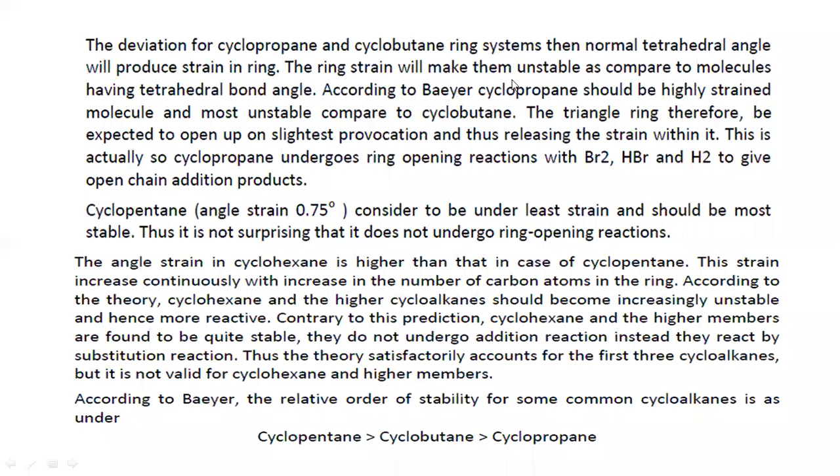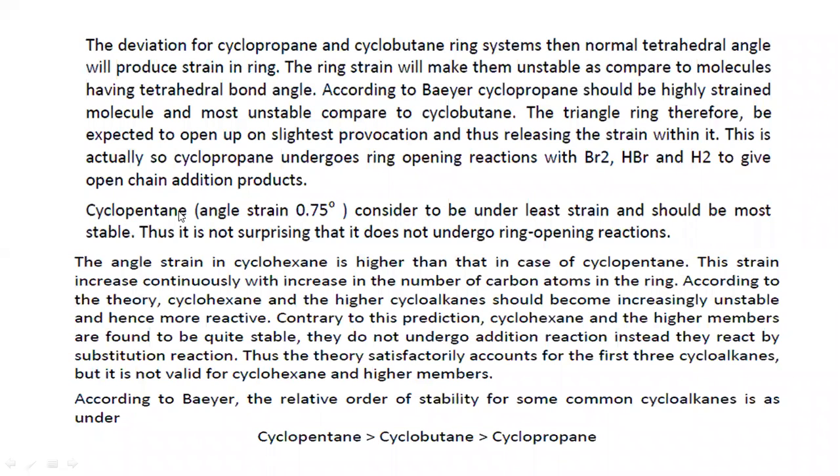The ring strain will make them unstable. That strain, which puts pressure on the carbon-carbon bond angles, will make the compound unstable as compared to molecules having tetrahedral geometry. So according to Bayer, cyclopropane should be a highly strained molecule and most unstable compared to cyclobutane. The triangle ring is therefore expected to open up with slight provocation by normal reagents, that is Br2, HBr and H2.